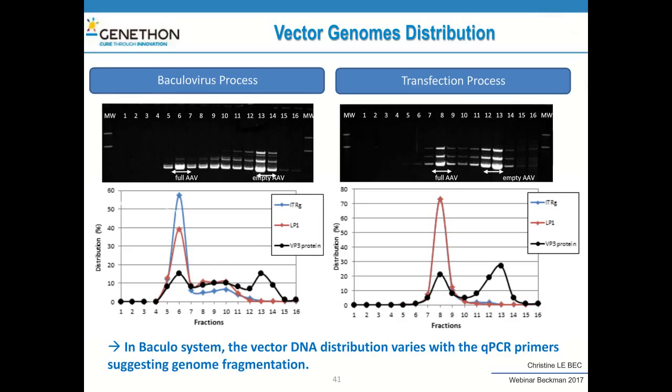And for the baculovirus, you can see on the left panel that you have some specific full particles in fraction 6, but you also have some fragmented DNA vectors in fractions 7 to 11. And for the transfection process, you do not have this fragmentation of the genome.